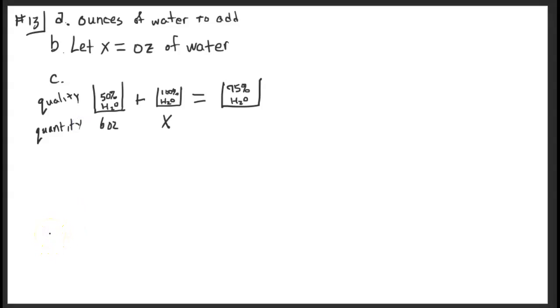The quantity would be 6 ounces, X ounces. Well, wait, what's the quantity of the final solution? Well, the quantity is 6 plus X ounces, right? The 6 ounces of the 50% water and the X ounces of the 100% water.